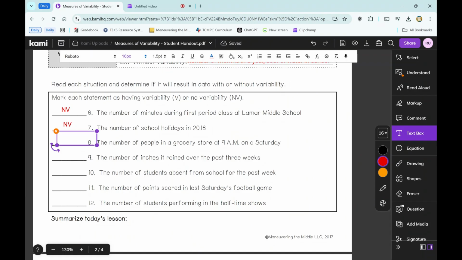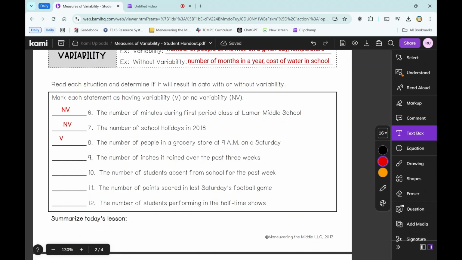I would say this would have a lot of variability because, for example, it could be Super Bowl weekend, or the weekend before Thanksgiving, or maybe just a random Saturday. We don't know what the situation is, but we do know that grocery stores can be very variable. Sometimes there's tons of people, sometimes very few.